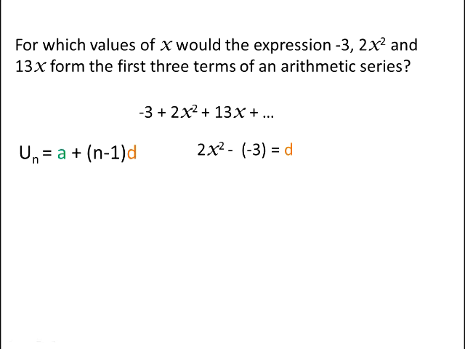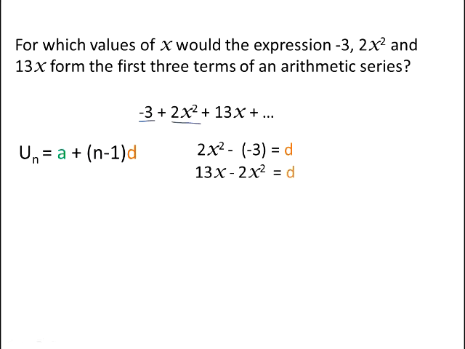So if you think about what I've done here, I've said, if I take this term and I subtract this term, I will get the difference that we're adding on. Because we know that -3 plus the difference is going to give me that. And I can do exactly the same thing here.